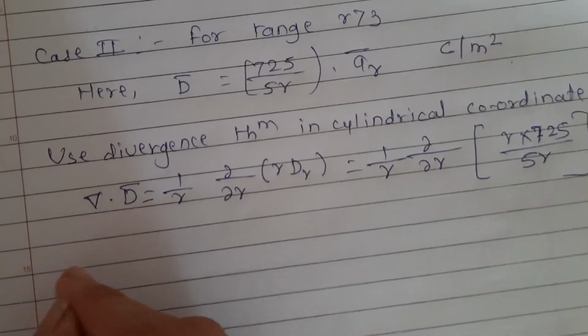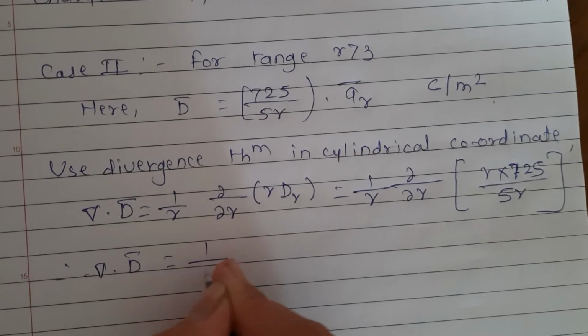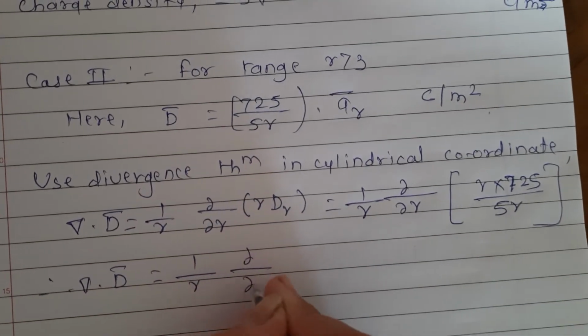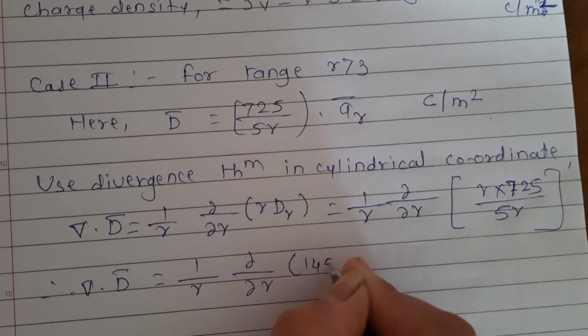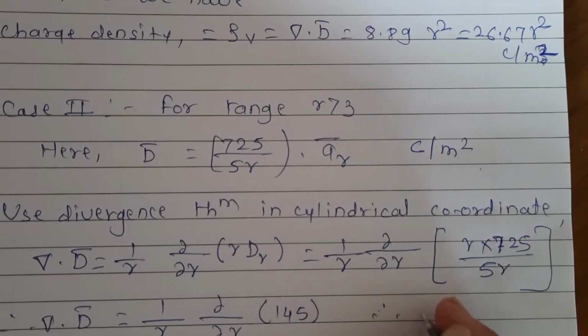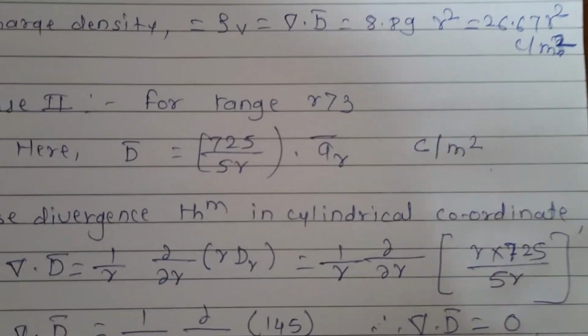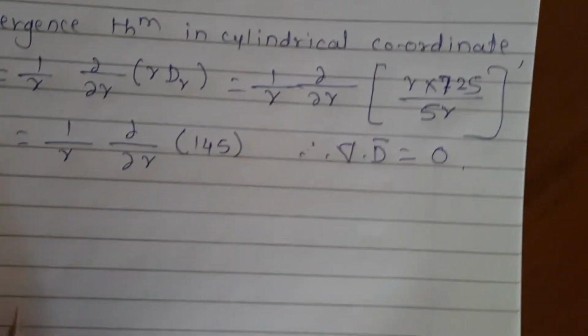So it is 145. So del dot D bar is equal to 0, as 145 is constant, so its derivative is 0.